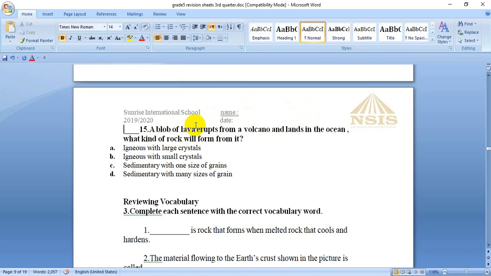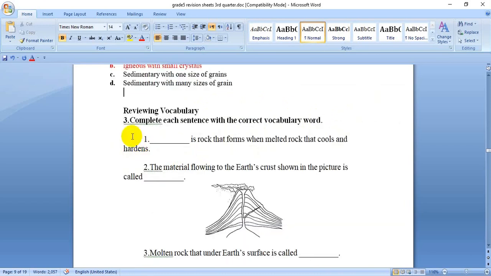If the lava cools slowly, it will make larger crystals. But when lava cools fast, it will make small crystals. So the lava will cool down quickly in the cold water of the ocean. In this case, we will have igneous rock with small crystals.